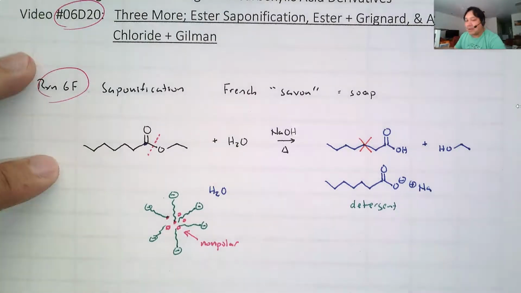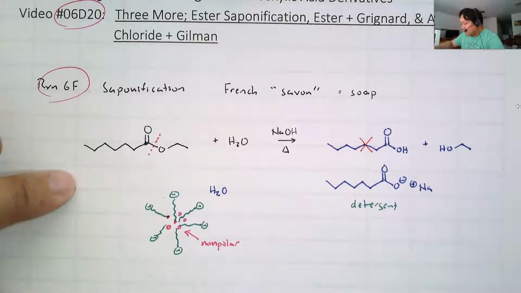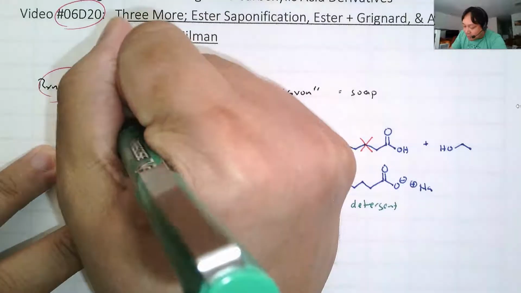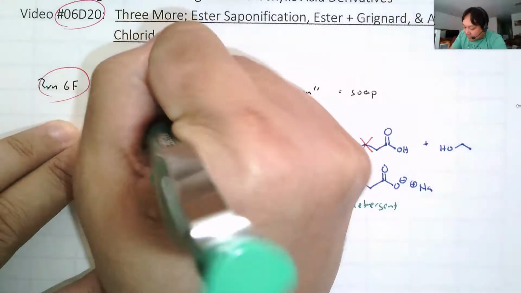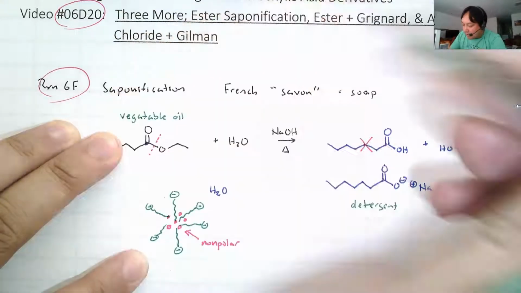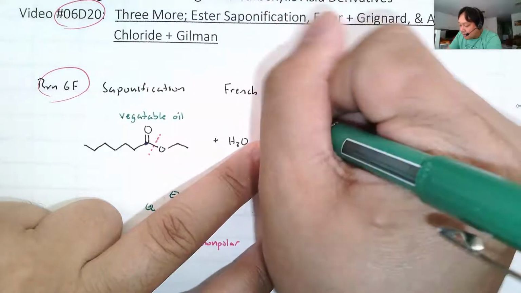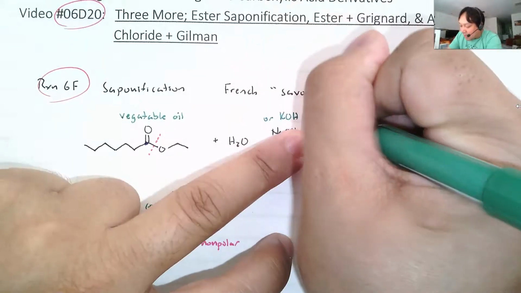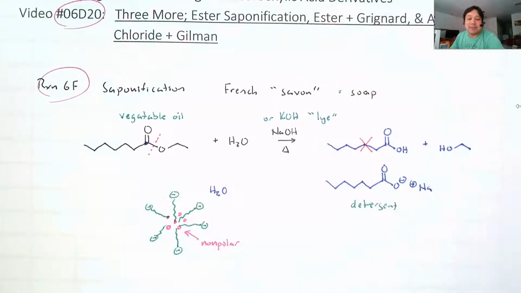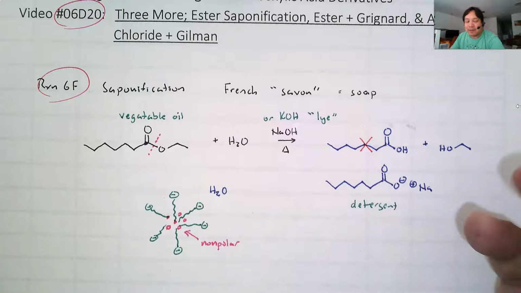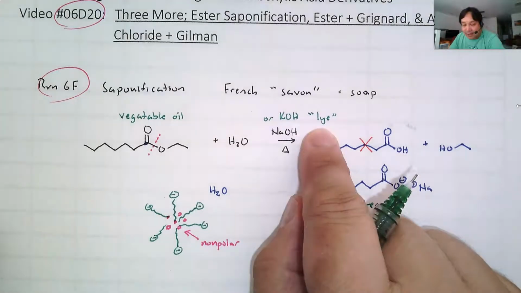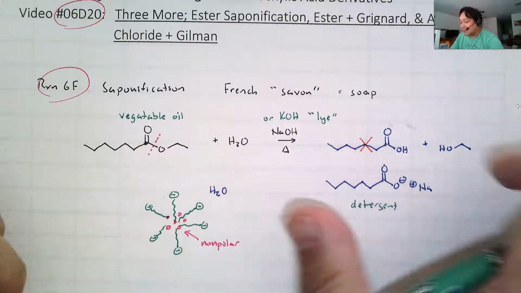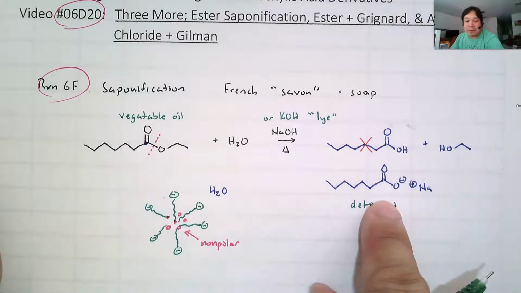By the way, in terms of doing this in practice to make soap, you have your vegetable oil or animal fat, and you have a base. Typically you could use NaOH, but also you could use KOH, and that's called lye. You might have seen recipes where you take vegetable oil or animal fat, you hydrolyze it by heating it up in lye, and you wait a day or two, and it will start to solidify to give you a bar soap.